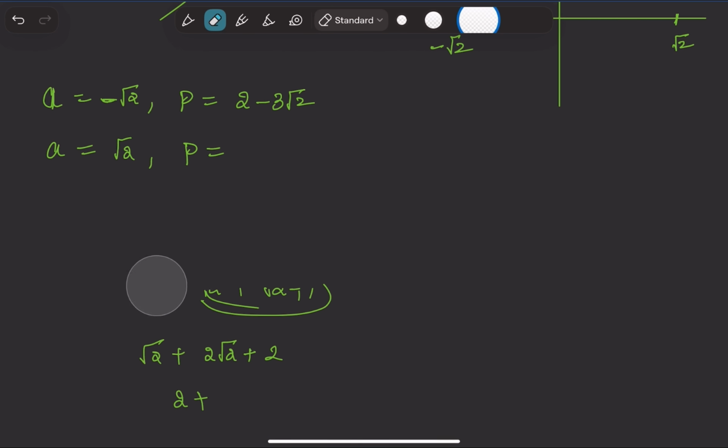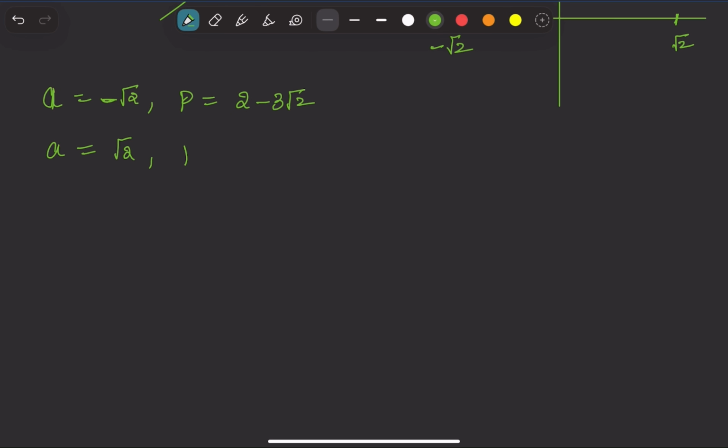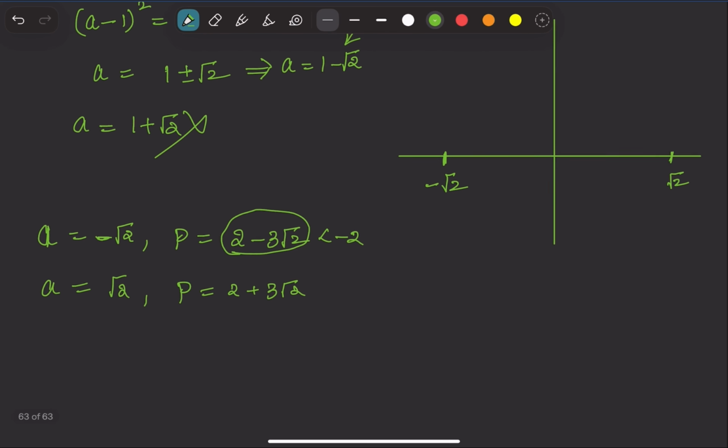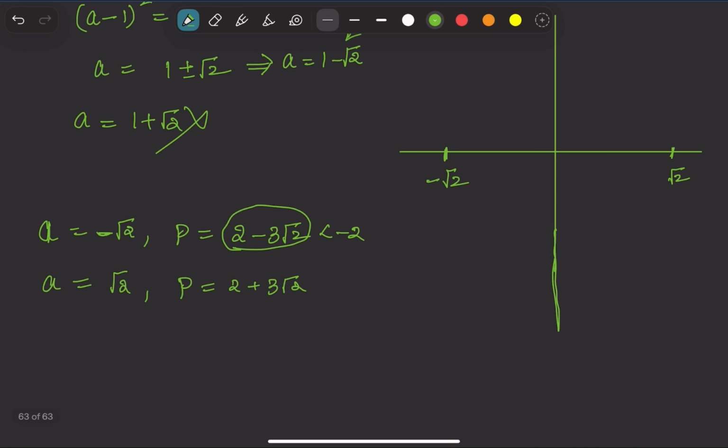So when you put A is equal to root 2, this will be 2 plus 3 root 2. So this quantity is slightly less than minus 2. Alright, keep that in the back of your mind. So now let us try to plot the graph of this. So at A is equal to minus root 2, here you have minus 2 and here you have 2 minus 3 root 2.